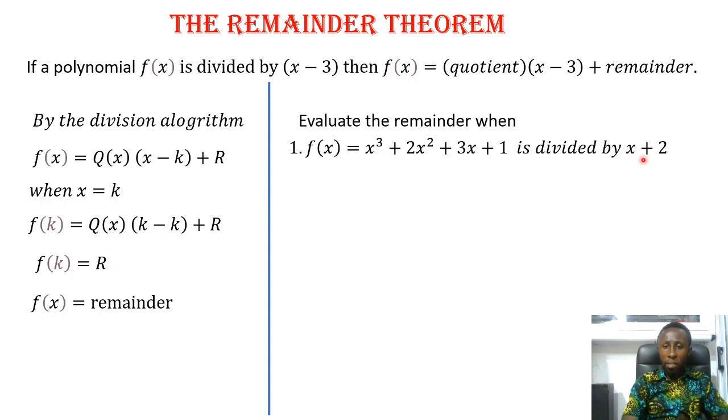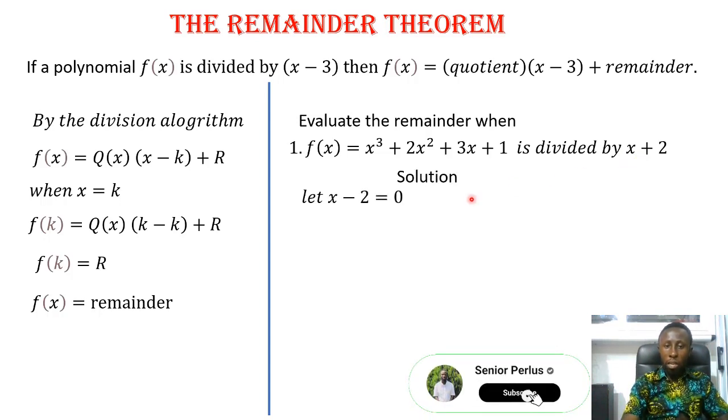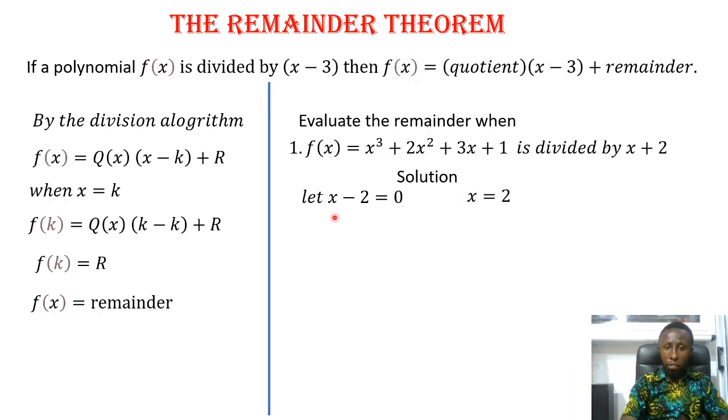So solution, let s plus 2 equals 0, therefore our s equals minus 2. So if our s equals minus 2, in place of s, we just substitute minus 2 in there.